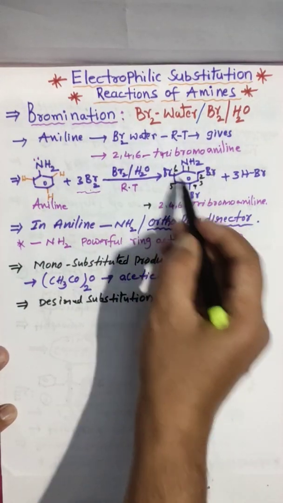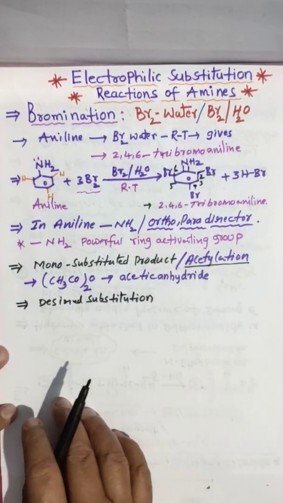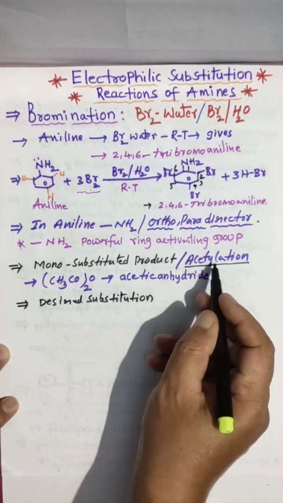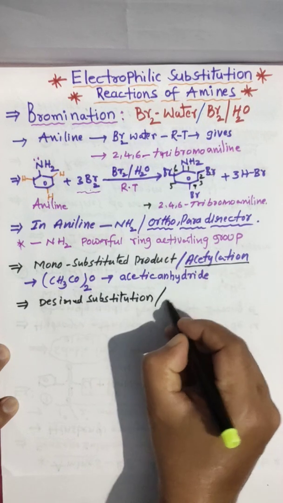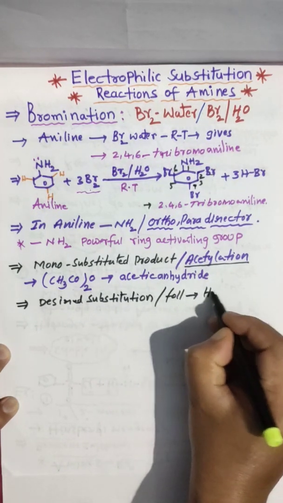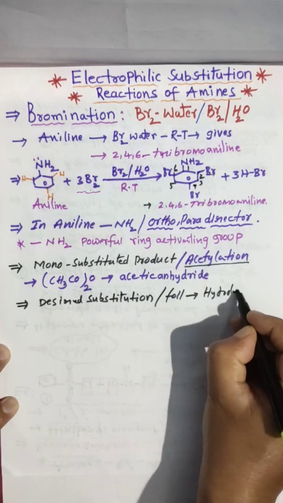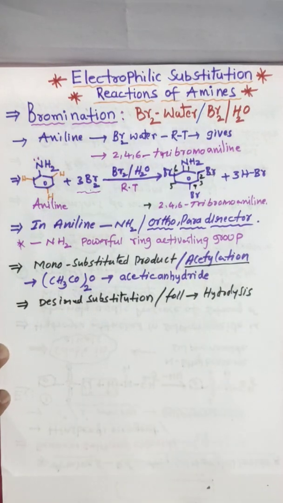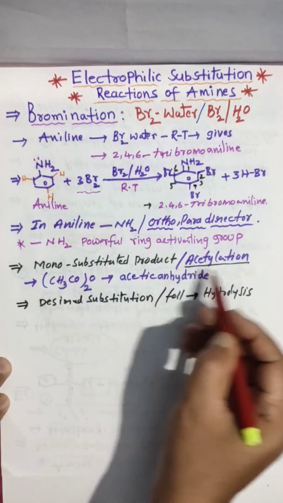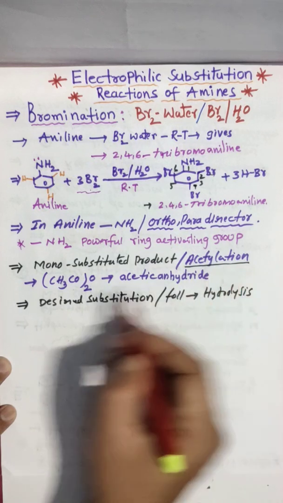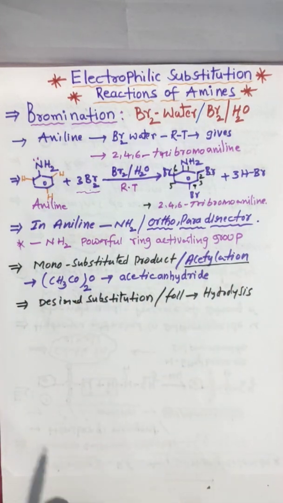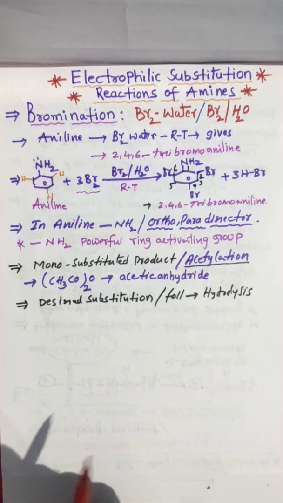You are not getting tribromo like this, only one bromo. And you have to treat this with acetic anhydride followed by hydrolysis. So if you want to prepare the mono substituted product, you have to perform acetylation with acetic anhydride followed by hydrolysis. Then you get the mono substituted product.